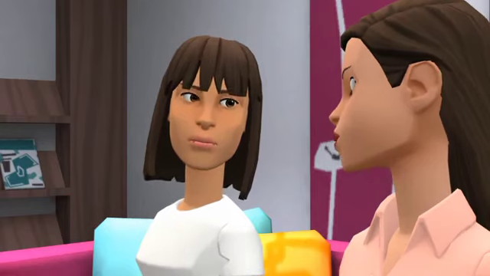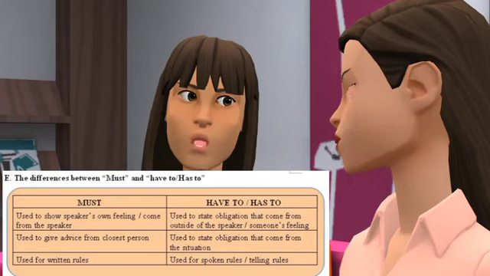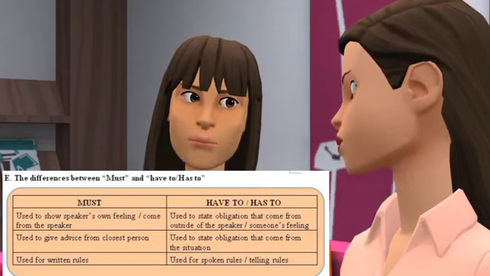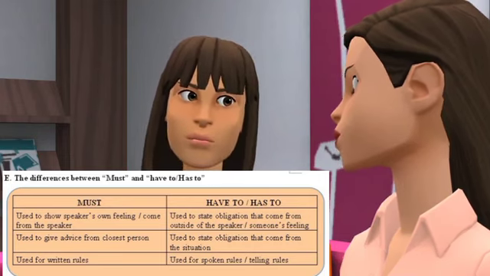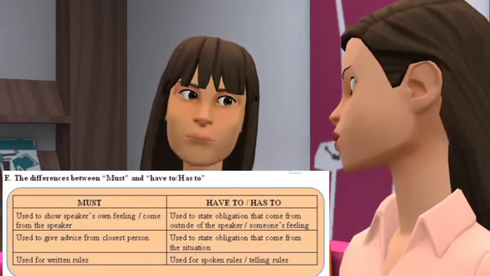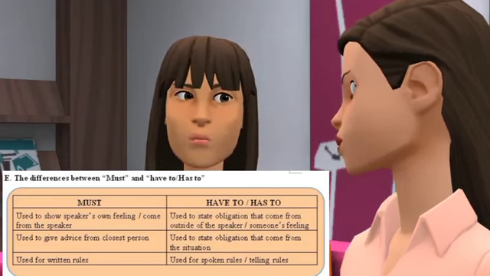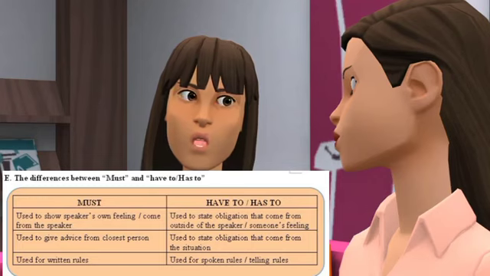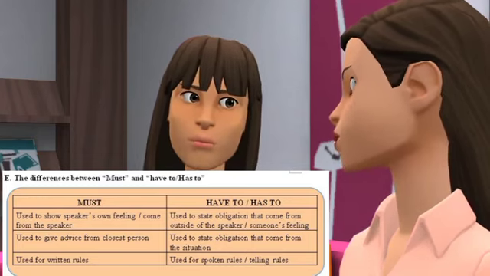Oh, I understand, Miss. So, there are three usages of must and have to and has to. Must is used for speaker's feeling, advice from the closest person, and written rules. Meanwhile, have to or has to is used for someone else's feelings, obligation that comes from the situation, and spoken rules or telling rules.